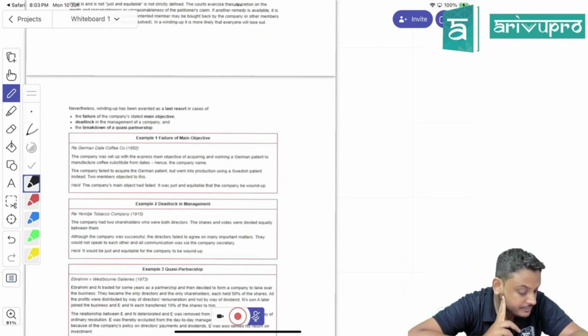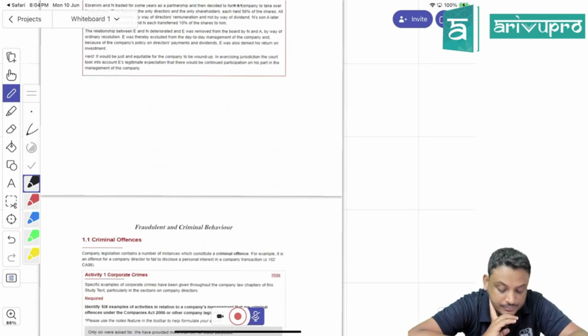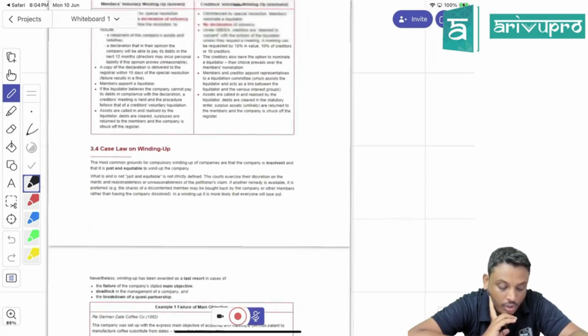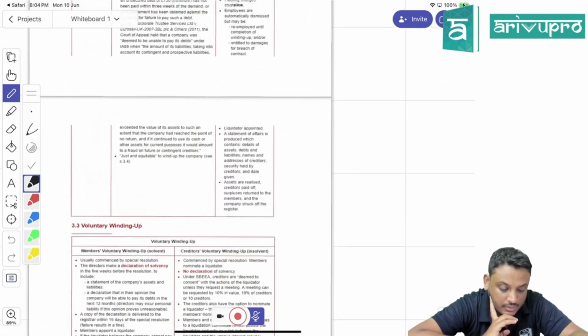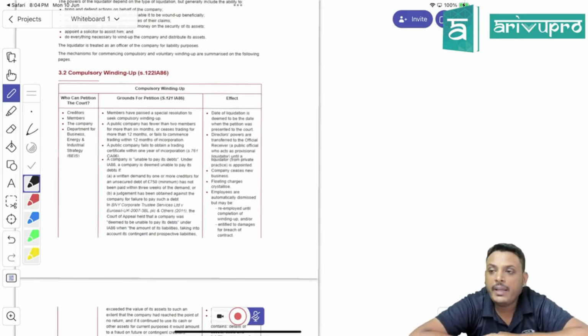Number three, all documents should mention that the company is in the liquidation process.